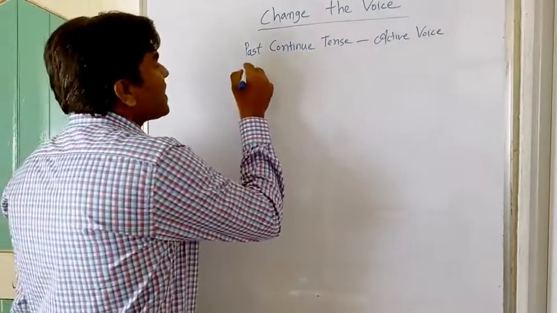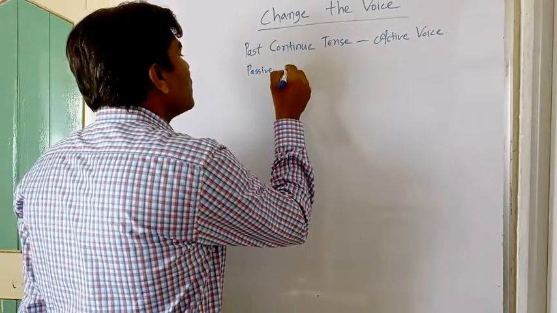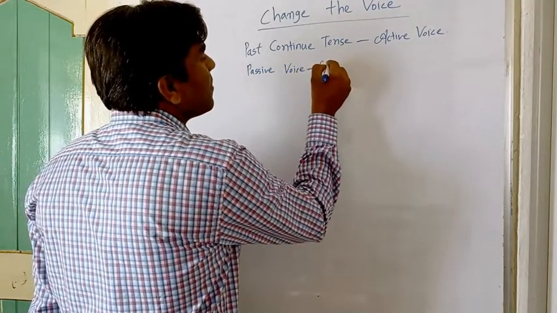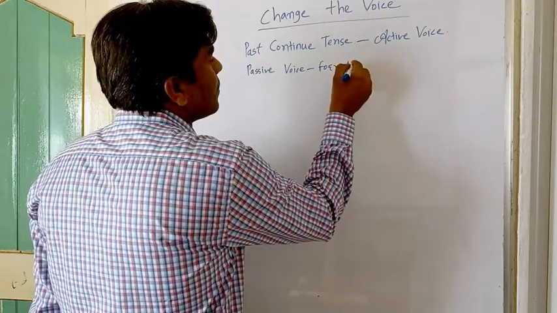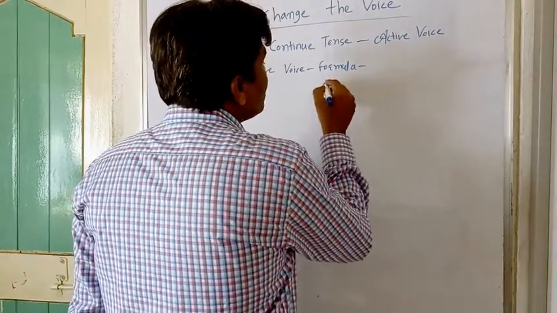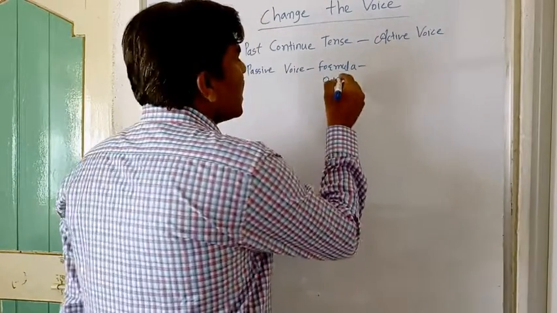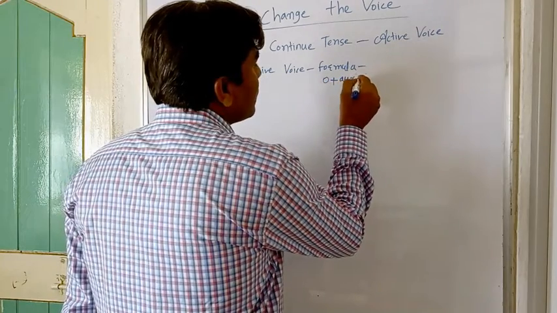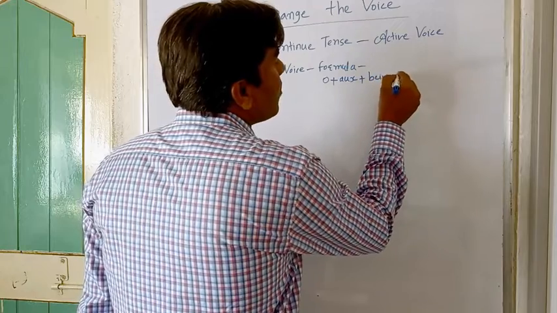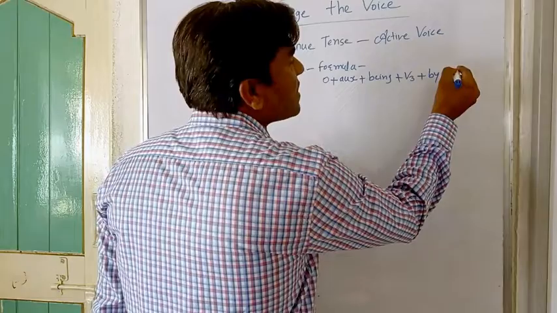So the passive voice formula is: object plus auxiliary verb plus being plus B3 plus by plus subject.